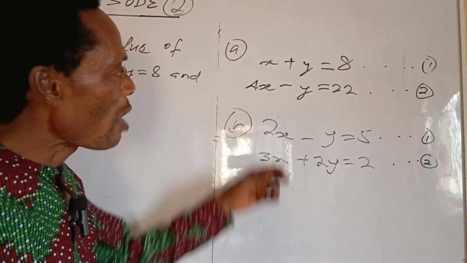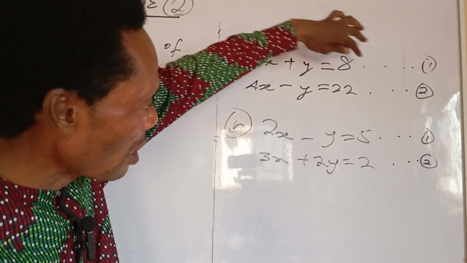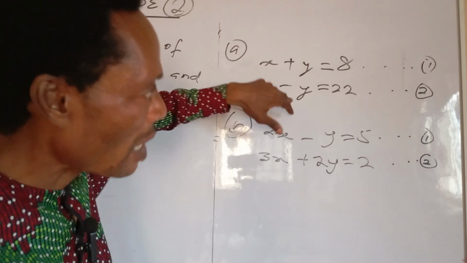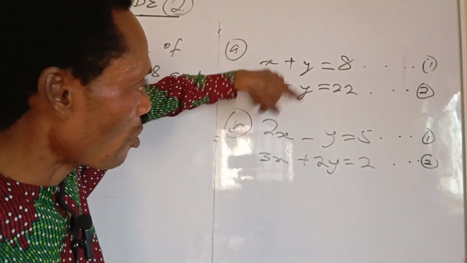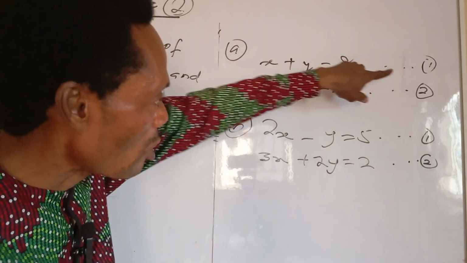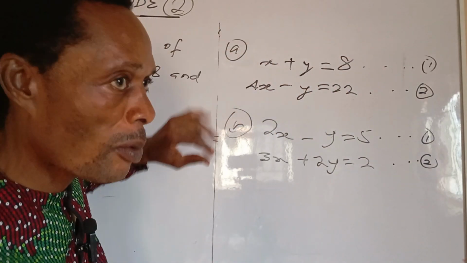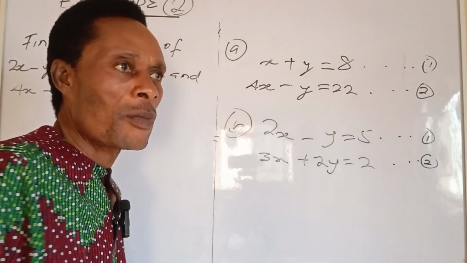Because the coefficient of y in equation 1 is 1, and the coefficient of y in equation 2 is also 1. So in as much as the coefficient of one of the variables is the same in equation 1 and equation 2, it is a uniform coefficient problem. With this one, you can easily solve using the elimination method.